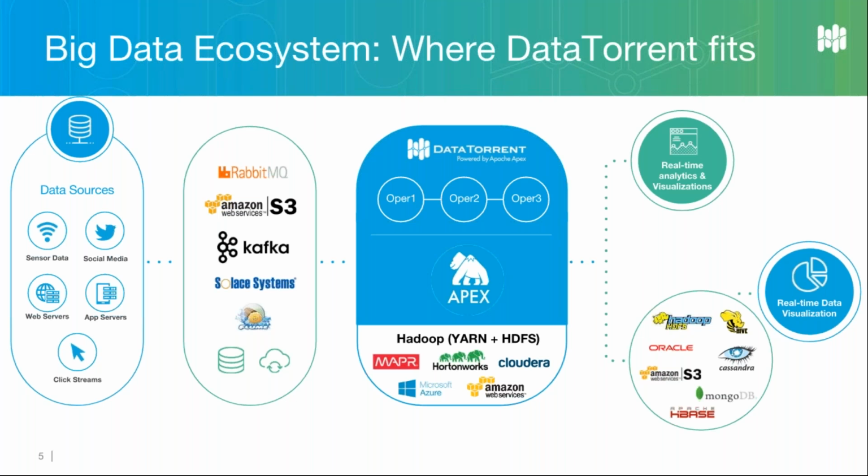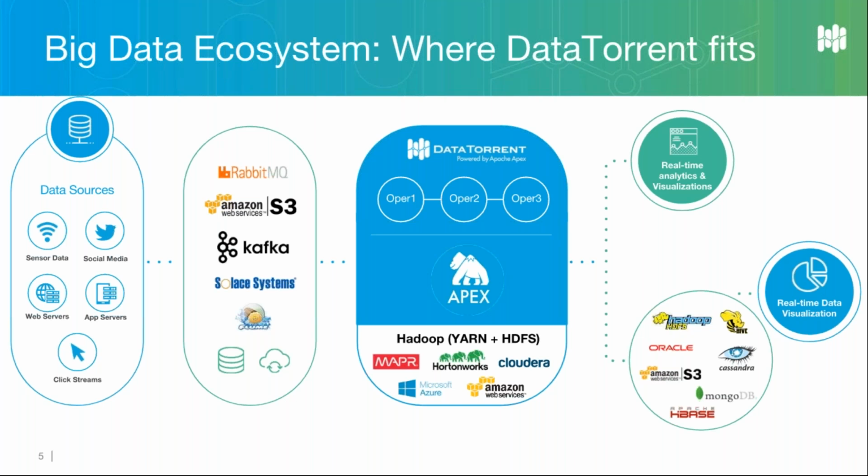So this is where DataTorrent RTS and Apache Apex fit in. As you can see, there are various input sources: we get data from RabbitMQ, Kafka, Solace, Flume, S3, and various other data sources. We ingest that data and leverage it to do analytics according to the custom logic provided.